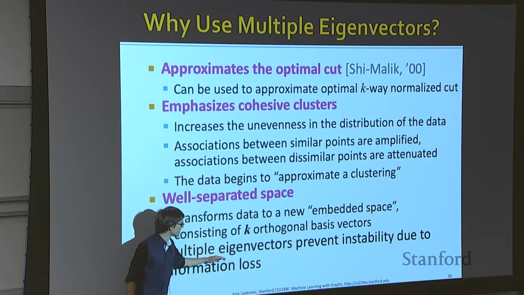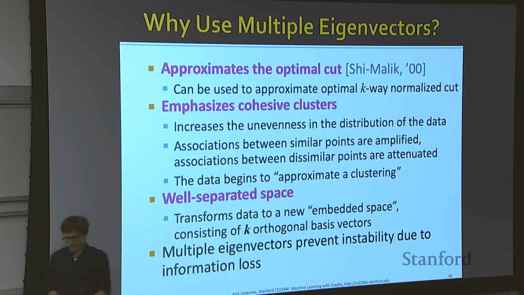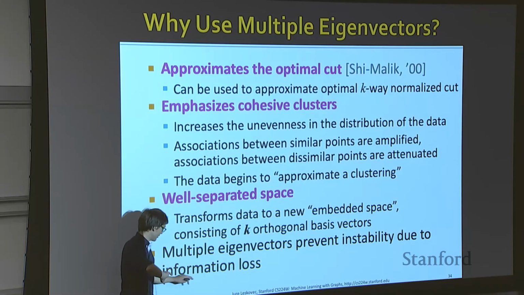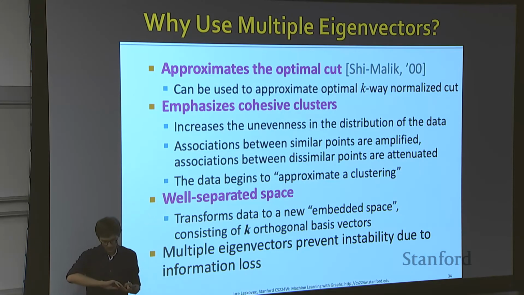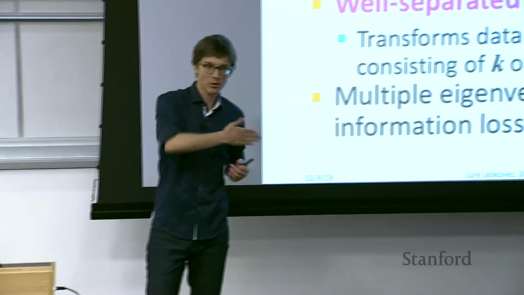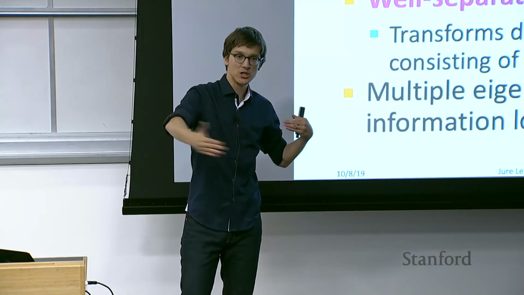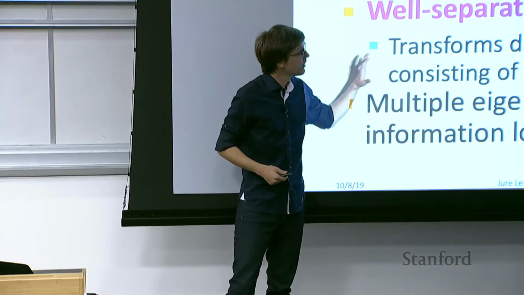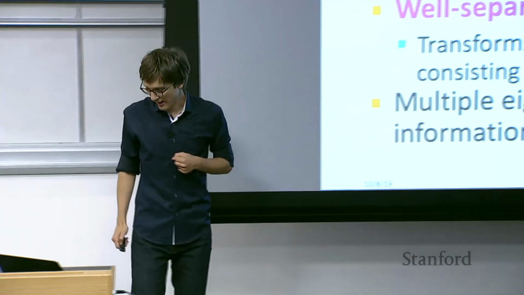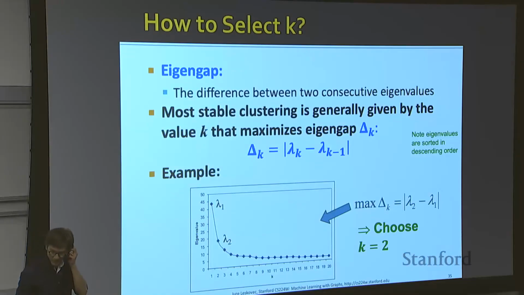Multiple eigenvectors are also nice because they prevent instabilities, not due to information loss, but really due to numerical instabilities and your non-perfect precision when you are doing things numerically. So people like working with multiple eigenvectors. Now, how do you decide how many to take?